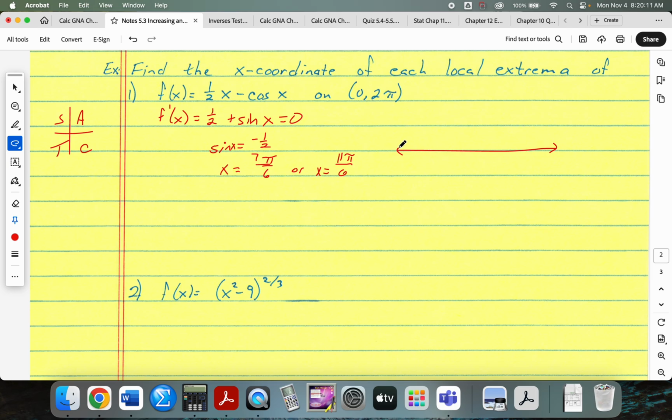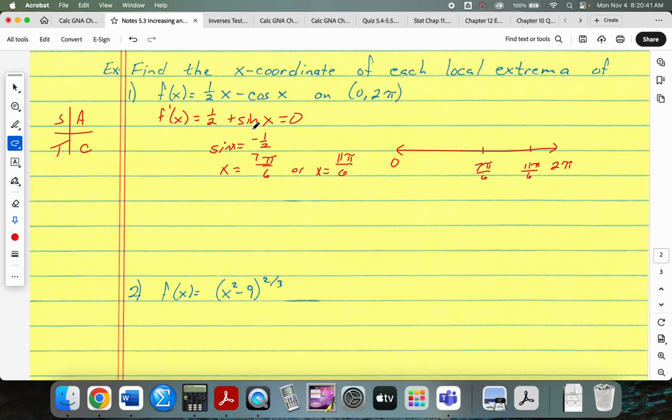So I put arrows on the end, but we're really only looking between 0 and 2 pi, right? And 7 pi over 6 will be somewhere around here. And 11 pi over 6 will be about here. And again, you could use test points for this.